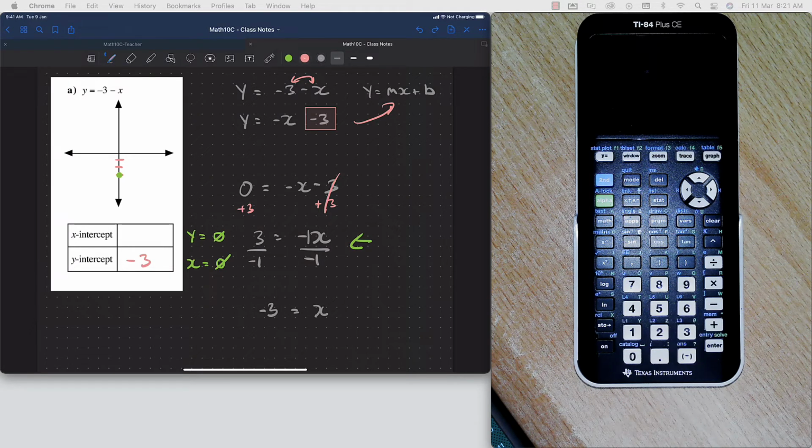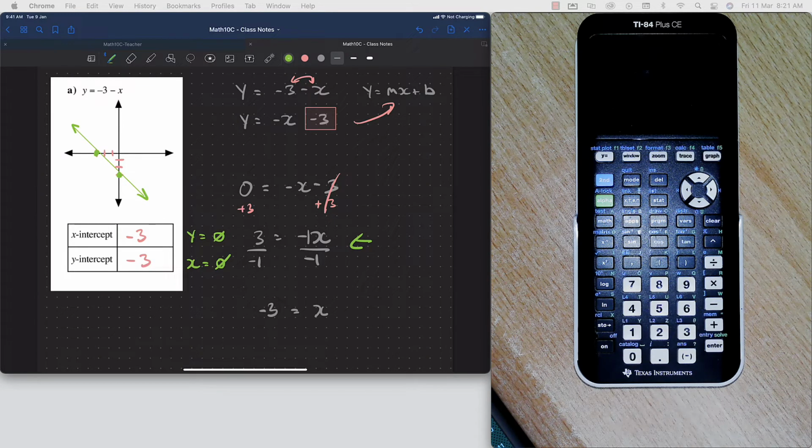Okay, so our x-intercept happens to be negative 3 as well. So 1, 2, 3 on the x-axis, and we've got a point right there. And we are now going to have a line that goes through those two points and off in either direction forever, so infinitely.